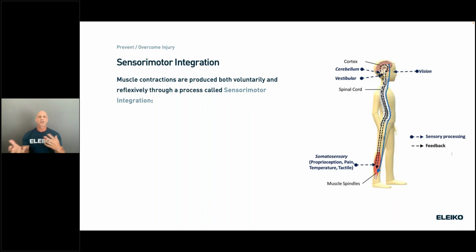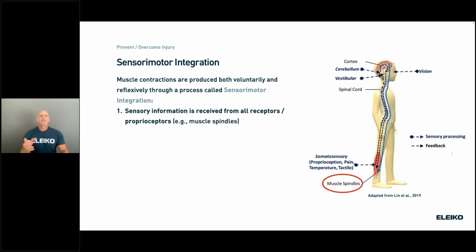We produce contractions and movements, both voluntary and through reflexive processes, and it's all determined by incoming sensory information. That's basically stressors. So any sensation, so our vision, our sight, our balance, the vestibular, all of this reception comes in, but especially from the proprioceptors.